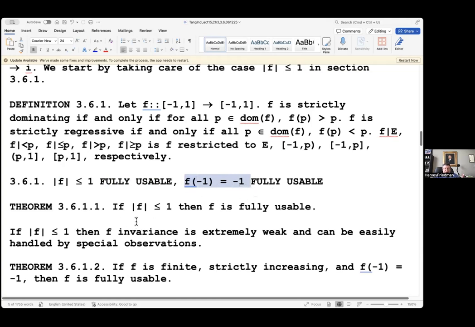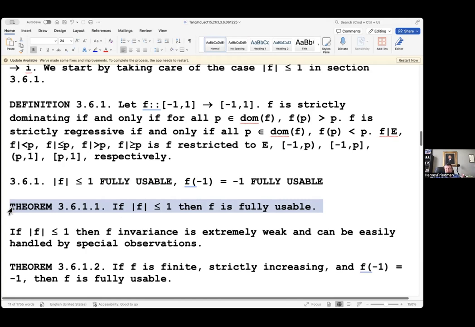All right. So we prove this as a standalone. And the idea is that if the cardinality of f is at most 1, well, if f is the empty set, there's nothing to do. But if the cardinality of f is 1, then f invariance is extremely weak.